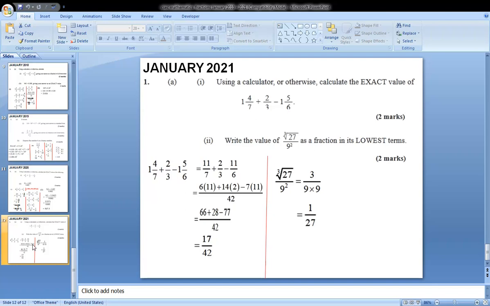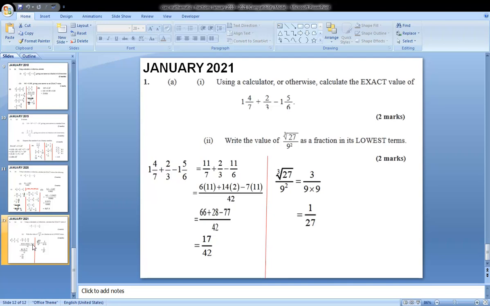As we know, 66 and 28 would have given us 94. 94 subtract from 77, am I right?